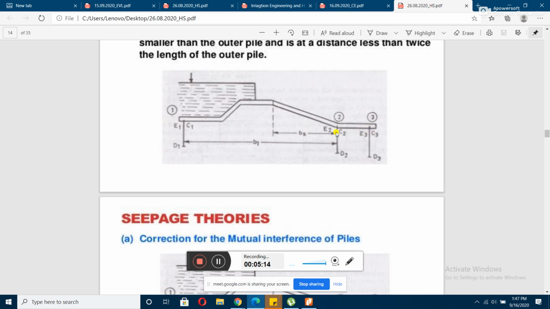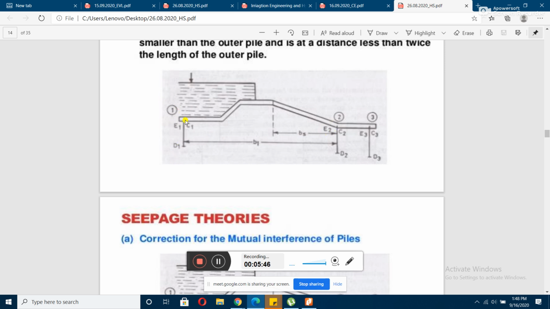Similarly, the value of E2, when you are considering this second pile, this pile number 2, when you are finding out the values of E2, C2 and D2, for that pile, when you are considering the influential pile as pile number 1, there will be a change in the value of E2.